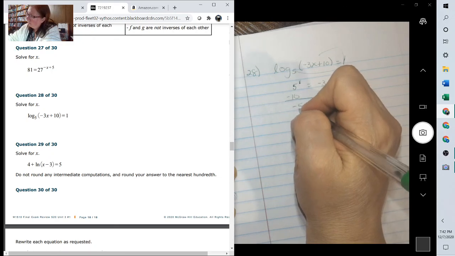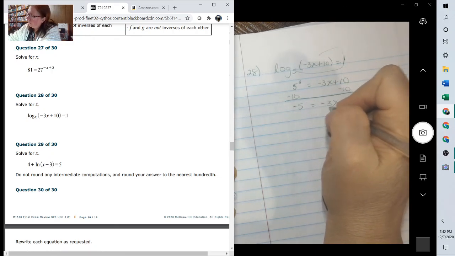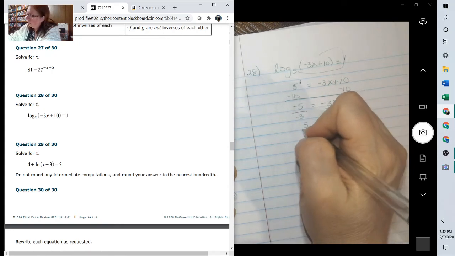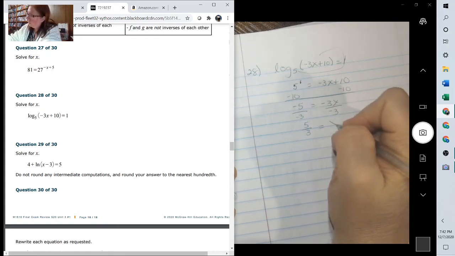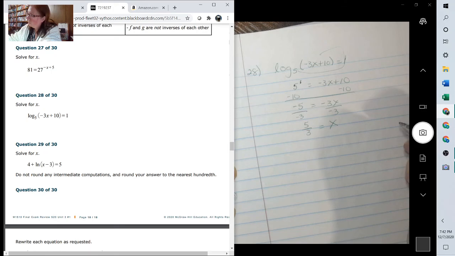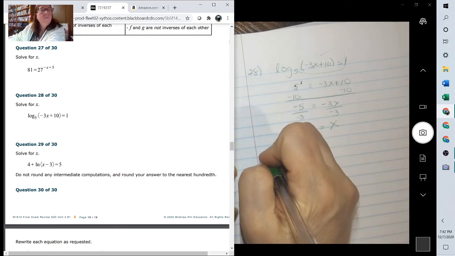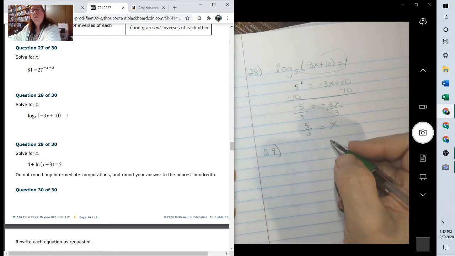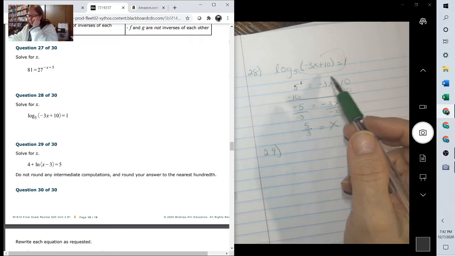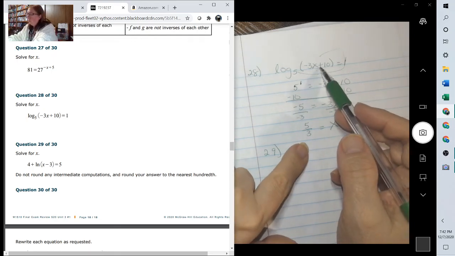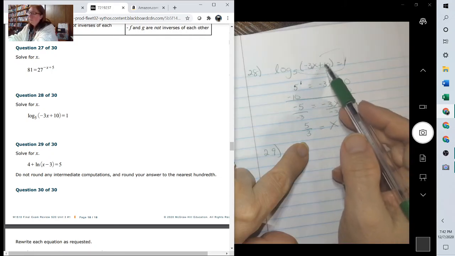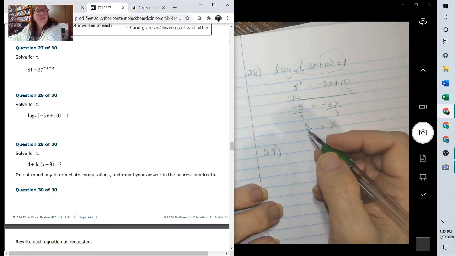I have negative 5 equals negative 3x, and divide by negative 3. 5/3 equals x. If we check it to make sure it's not negative, because the x is where the log is, we get a positive 5, so it's fine.